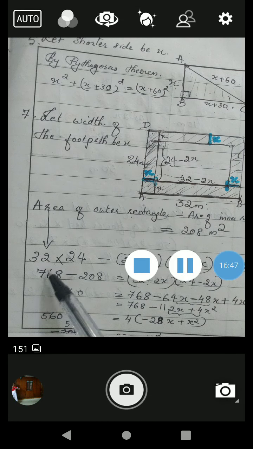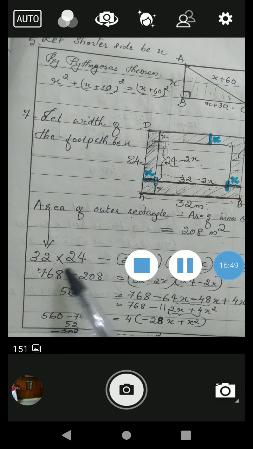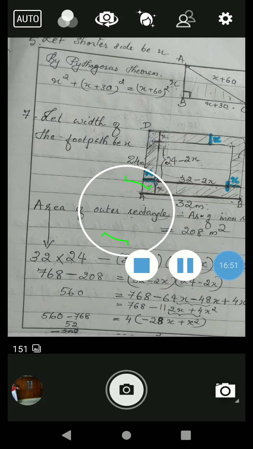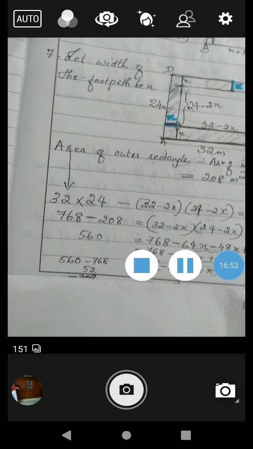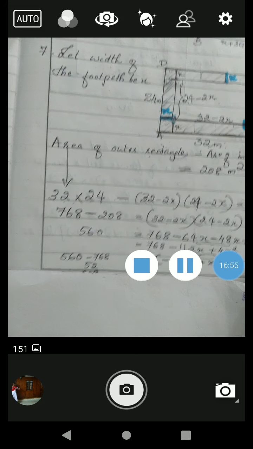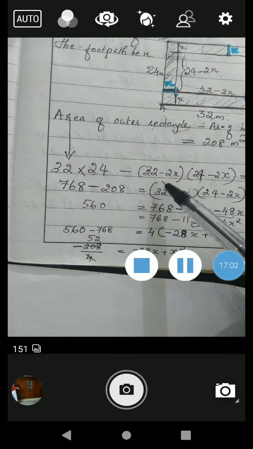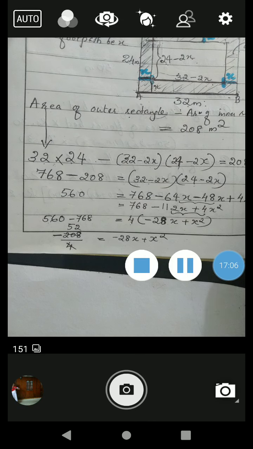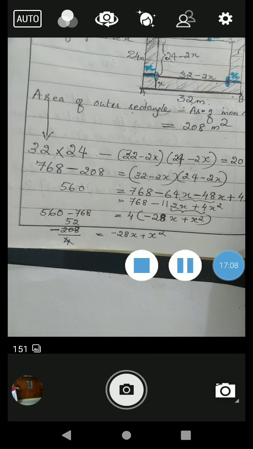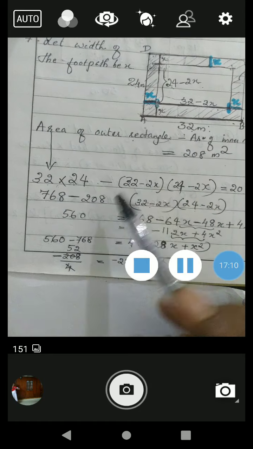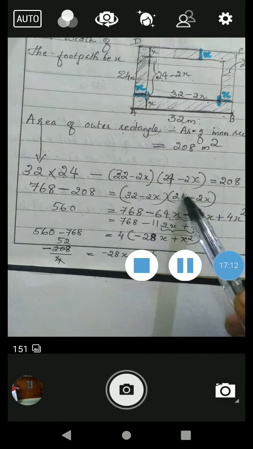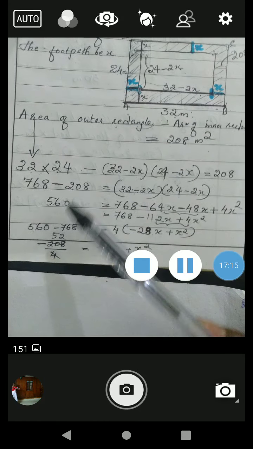Now substitute the values: 32 into 24 minus 32 minus 2x into 24 minus 2x is equal to 208. On solving, if you get this equation, then the remaining part you can complete.